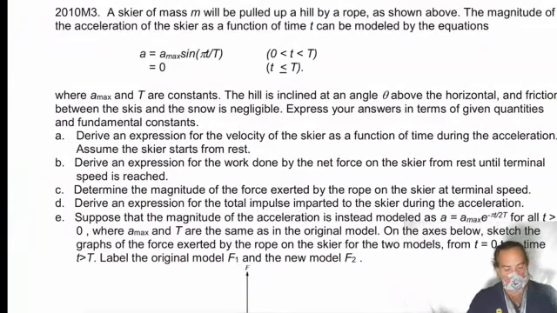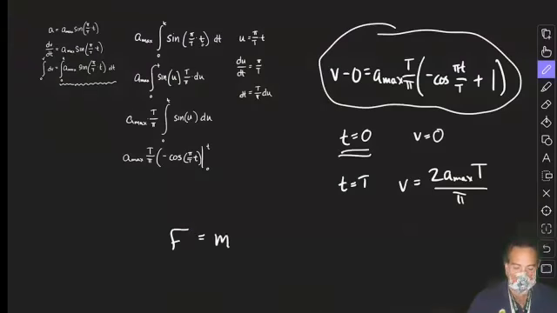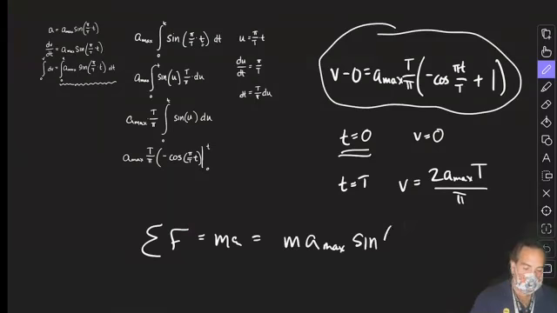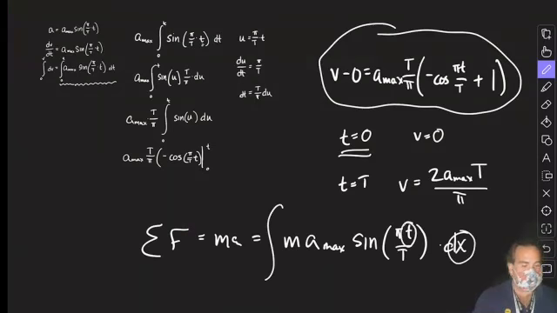I guess I could state that the net force is equal to ma, and I could say that's equal to m a max times the sine of pi t over t. I could do that, but I can't do anything with this. I can't multiply by dx and take the integral, because it changes with time, not position.